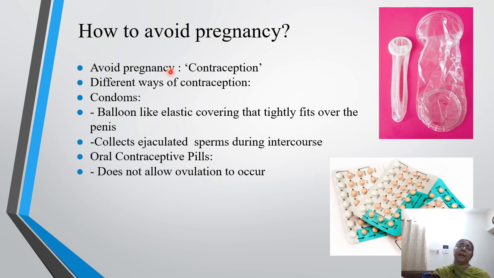How can we avoid pregnancy? To avoid pregnancy, we have certain techniques, and we call it contraception. There are different ways of contraception. Physical barriers can be used, and they are nothing but condoms, of which you can see the image here.